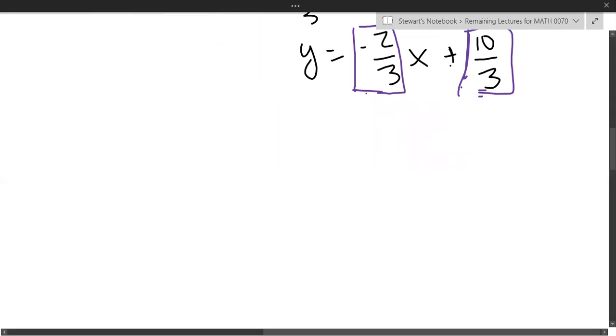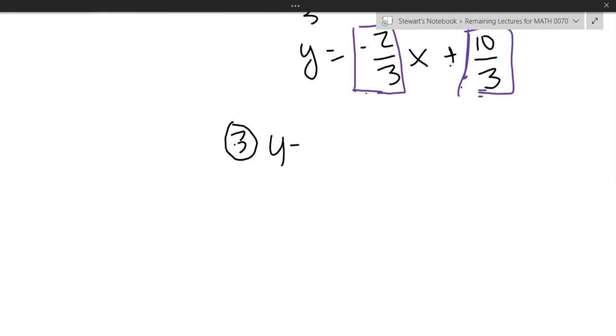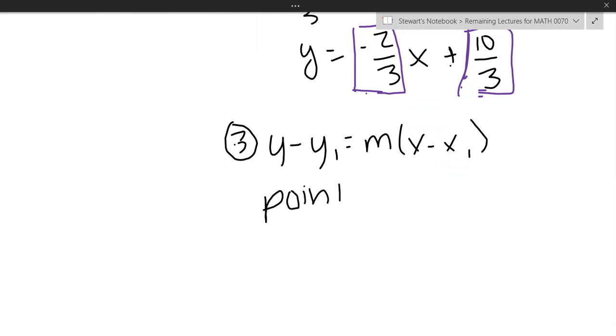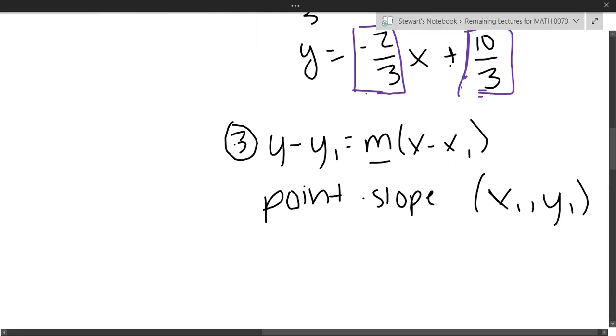and we will use later, is y minus y1 is equal to m times x minus x1. If you'll notice, it's fairly similar to slope-intercept form. This one is called point-slope form because you start with the slope m and some point x1, y1, that's where those come from, like a physical point.